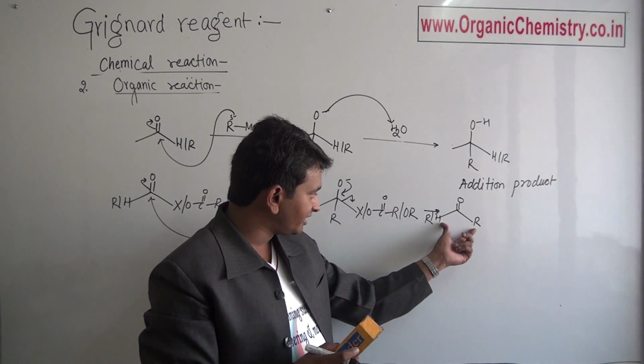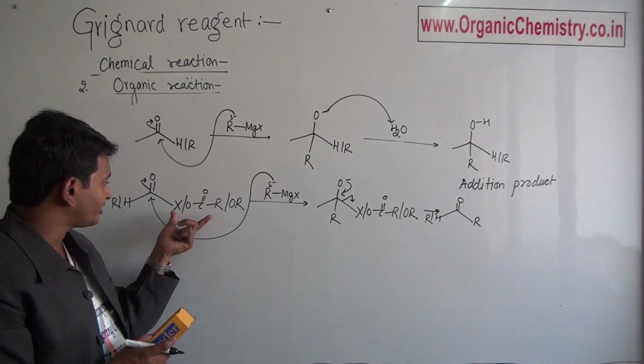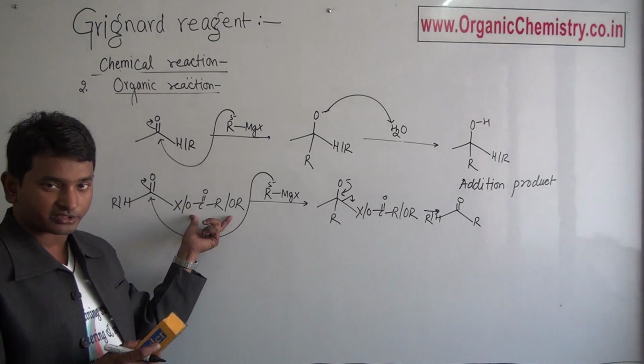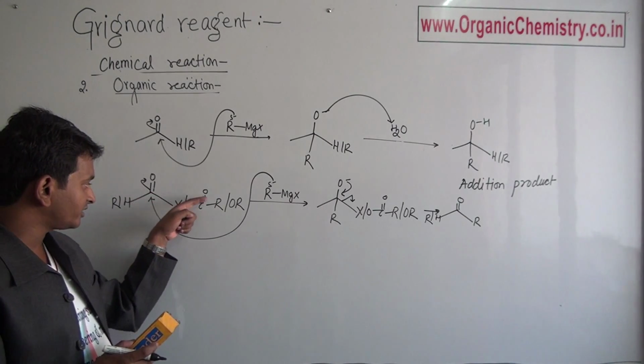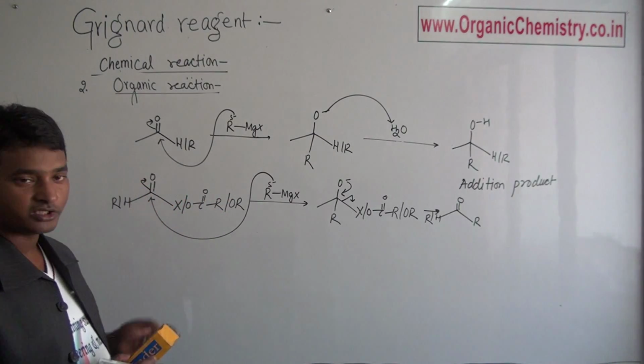The reactivity of aldehyde and ketones is higher as compared to acid halide, anhydride or ester because of additional conjugation with the lone pair of oxygen or halogen with the CO group.